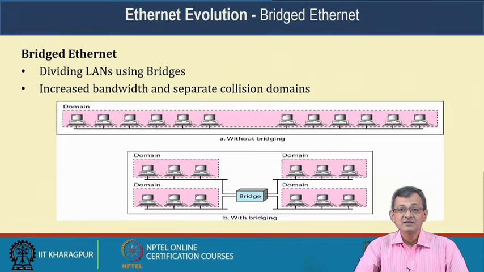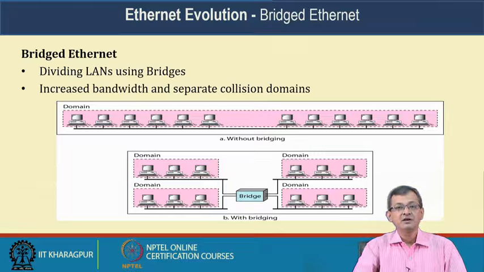What it does, as we know, is that a layer 2 device divides the collision domains. The collisions are in separate collision domains, and in effect it increases the overall bandwidth. So, this is the bridged Ethernet, where we have better bandwidth.